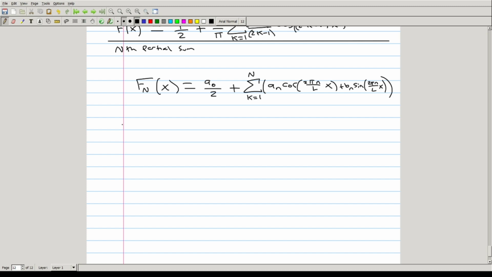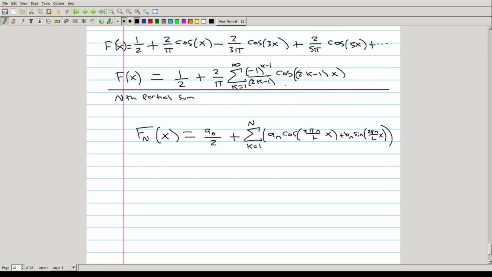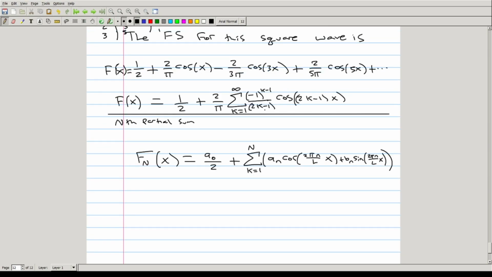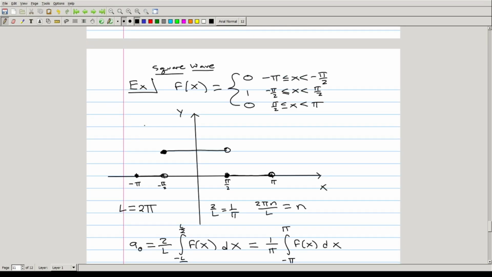One of the big ideas is that the way that we're going to define convergence of a Fourier series is using the limit of the sequence of partial sum functions, which is very neat. But it'd be a good idea to go on to, say, Desmos and graph the partial sums for this function, to show that they are definitively converging to this function right here.